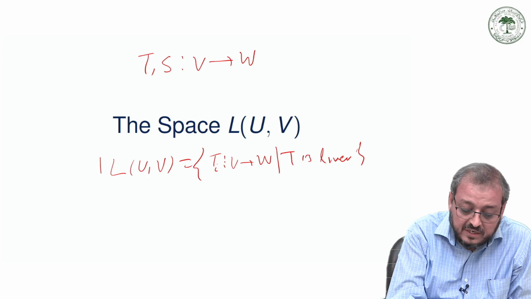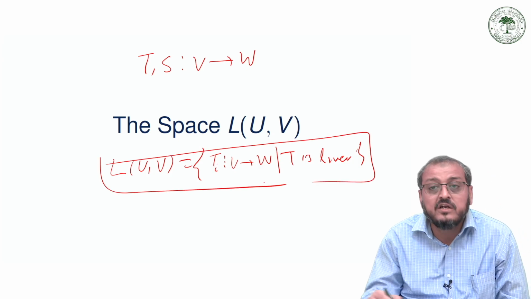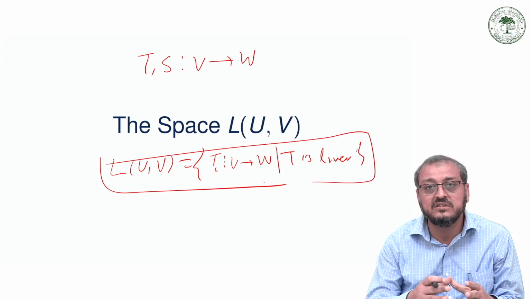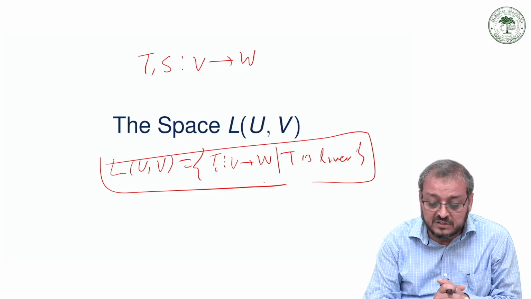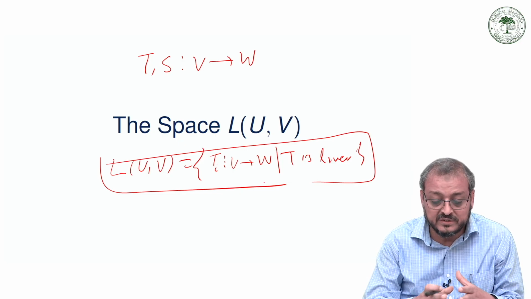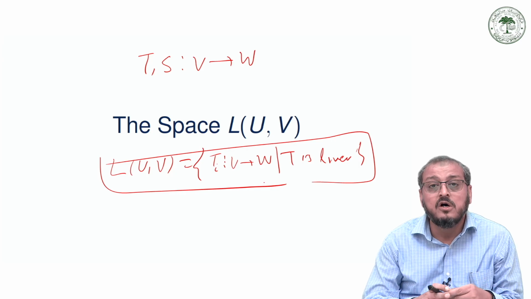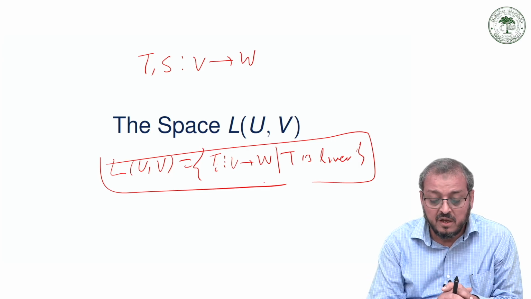So simply we can say it is the collection of all the linear transformations. Now we try to show that this L(U,V) space also forms a vector space.